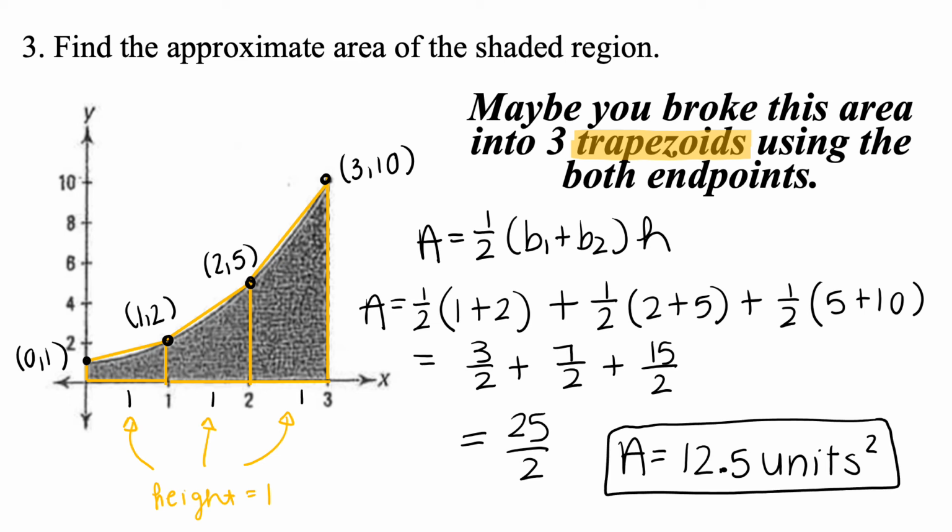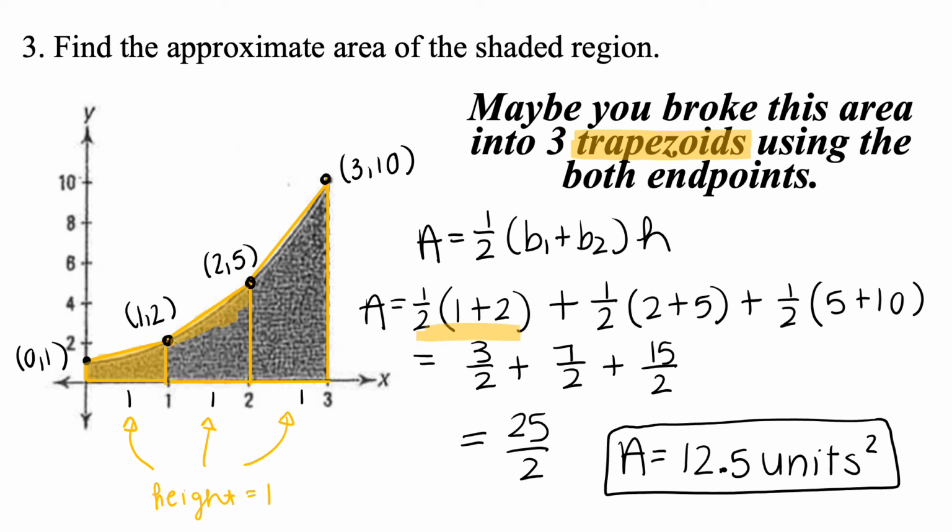So looking at each of these, the height is actually going to be that distance on the x-axis. So for the first one, it would be 1/2 base 1 plus base 2, our first base would be the distance up to 1, and our second base would be the distance up to 2, and our height is that 1.